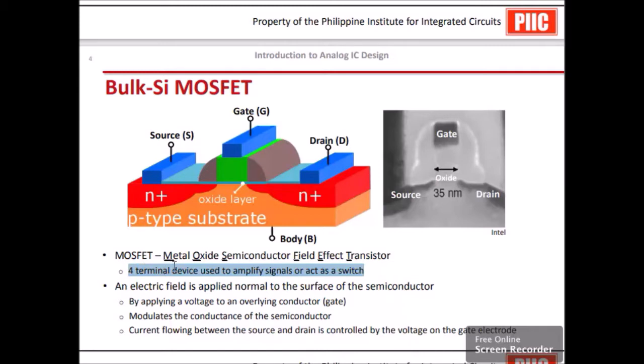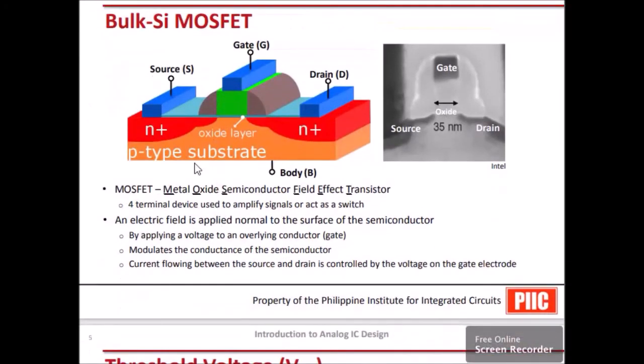Four-terminal because, so this is our side view. If you look at the side view of your MOSFET, ito po yung itsura niya. Asan po yung apat na terminal? This is your first terminal, second, third, and fourth. Yung terminals niya is meron tayong source, gate, drain, and body. Yun po yung apat na terminal ng ating MOSFET.